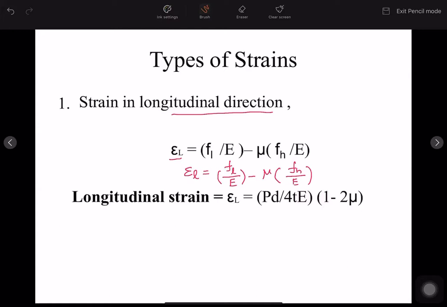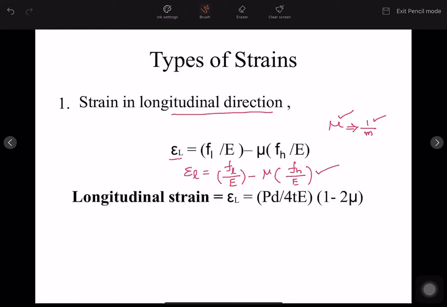We'll see what it is. This is the equation for calculation of strain in longitudinal direction. In some textbooks, mu can be written as 1 by m also. So you should not get confused if the question carries a value of 1 by m or mu; it is the same.